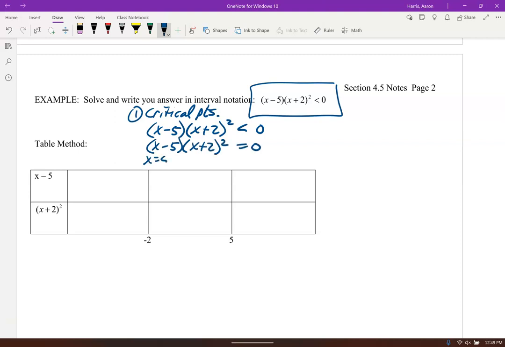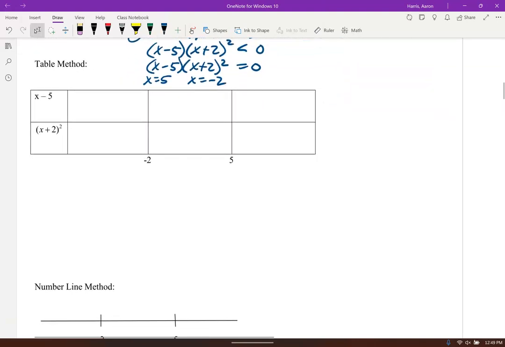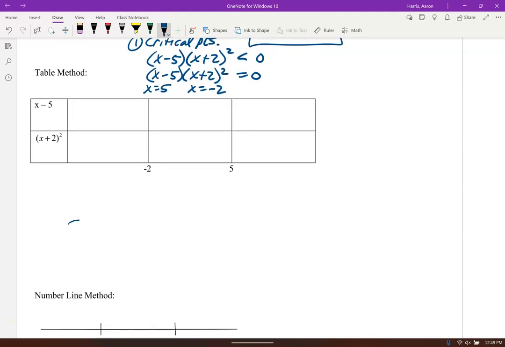We know at 5 and at negative 2, right? So for my number line method, I put those on my number line, 5 and negative 2. And then I've got to decide if I can include those as part of my solution.